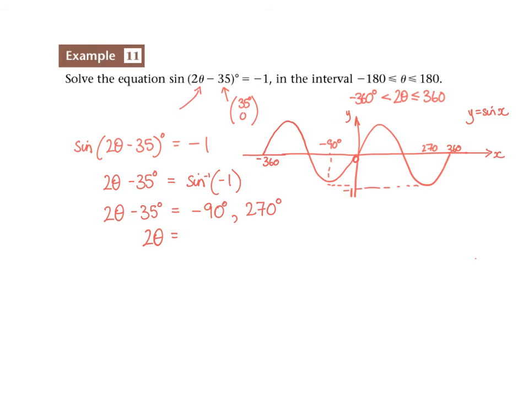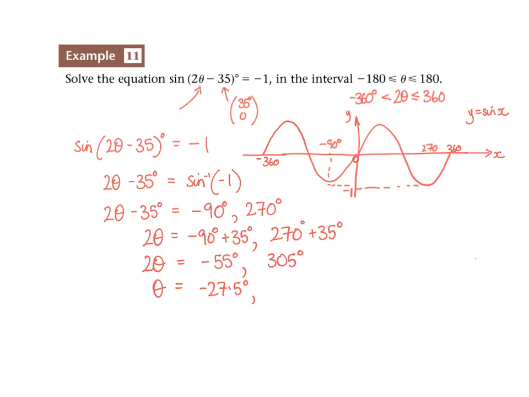So 2 theta is going to be minus 90 plus 35 degrees, and 270 plus 35 degrees. So 2 theta is equal to minus 55 degrees and 305. We then divide through by 2, and that will give us minus 27.5 degrees and 152.5 degrees.